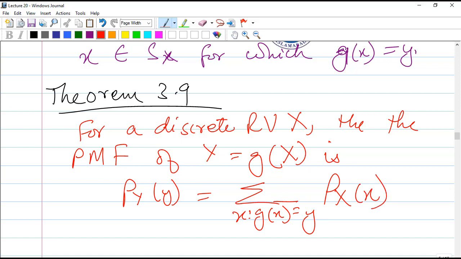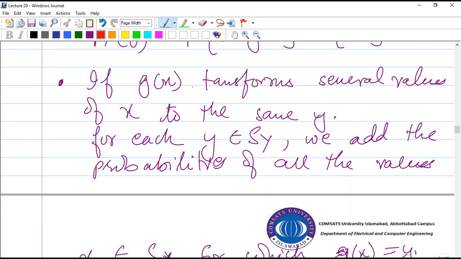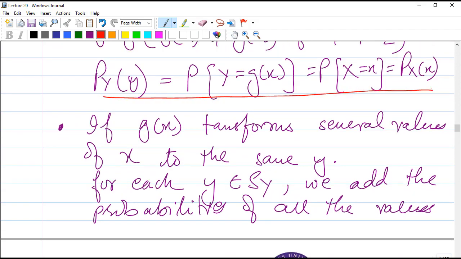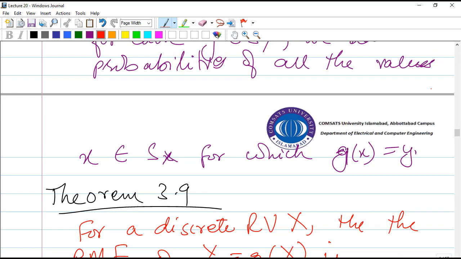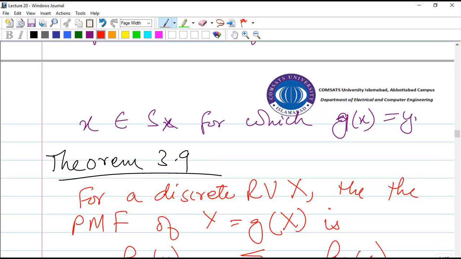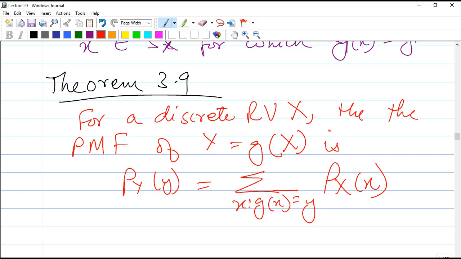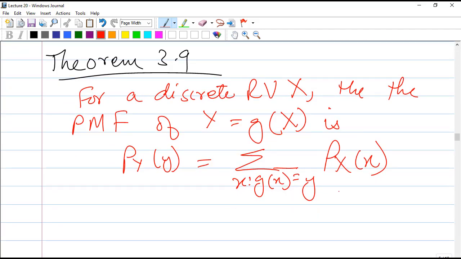So it is generic. If x gives me distinct values of y, it is straightforward, as we have seen. But if multiple values of x give me the same value of y, their probabilities will simply be added together, as we have seen here.